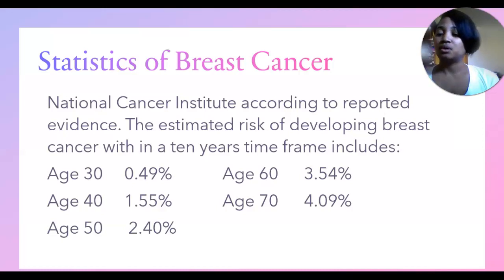As you go into 40, your percentile rate for developing breast cancer is 1.55%. As you can see, as you go up in age, this percentile increases. So it basically shows that as you get older, your estimated risk of developing breast cancer is higher.